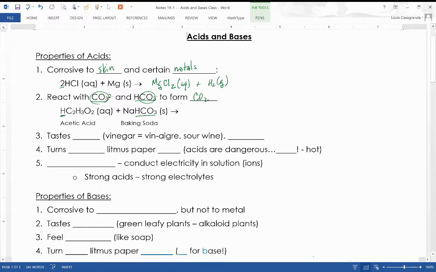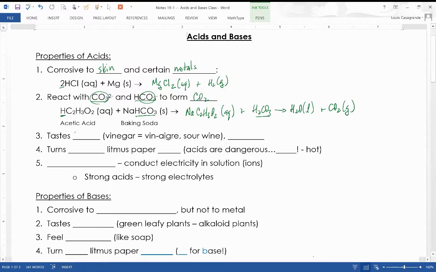But essentially what's going to go on here is this is very similar to a double replacement reaction. The sodium and the acetate, the C2H3O2, are going to come together to form a salt. And then what's going to be left over is H2CO3, but that H2CO3 actually decomposes right away into H2O, and there's a carbon dioxide gas that we're looking for, and this is what gives that volcano its fizz.